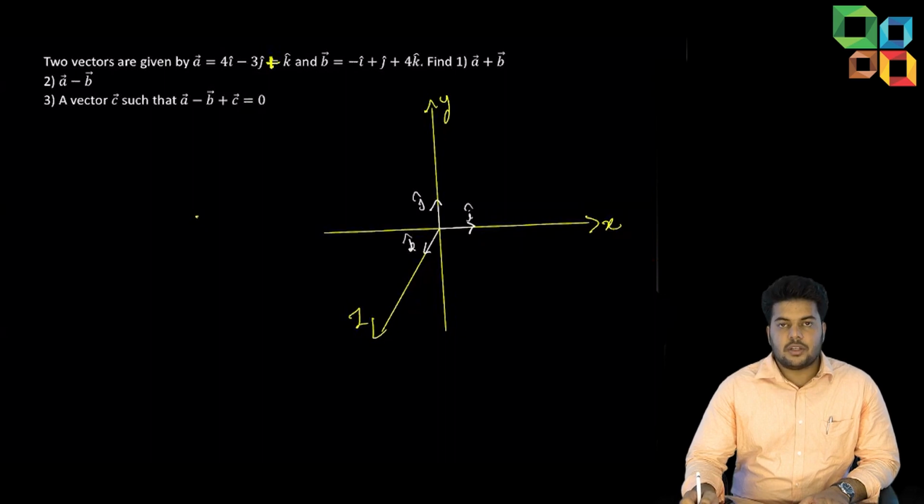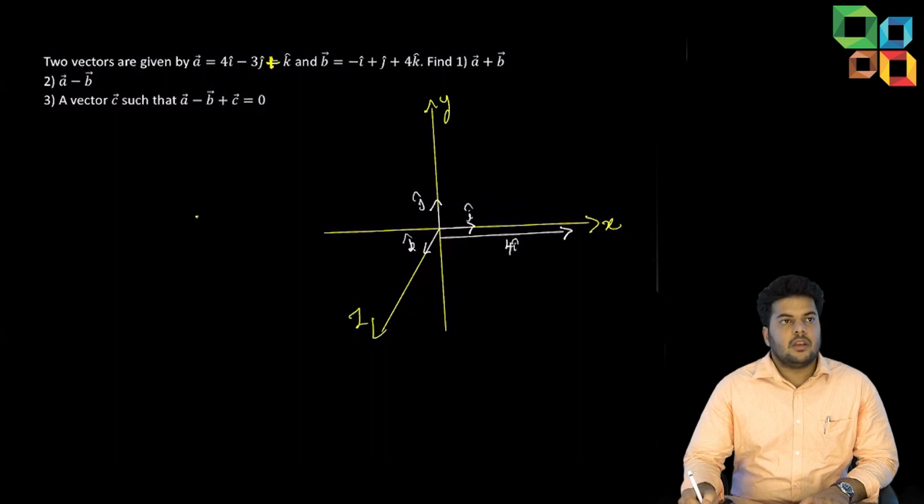Rachit. So what does 4i mean? 4i means 4 is the magnitude of the vector and i is the direction. All right, 4i cap. So 4i cap is a vector that is 4 times as big as the i vector. This is 4i cap. Then you have minus 3j cap there, correct?